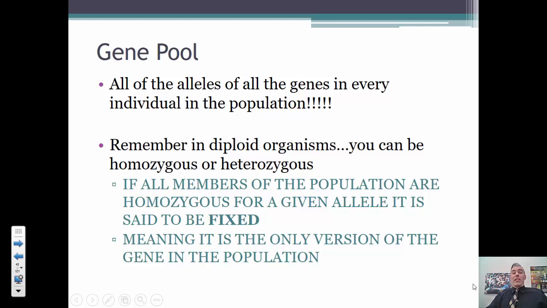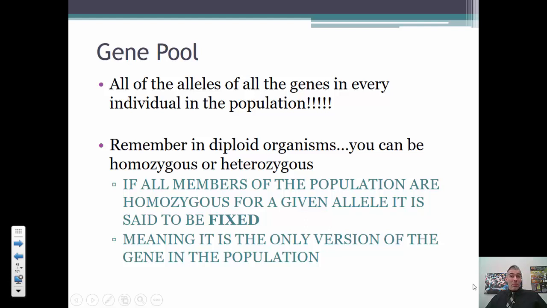Now that sounds crazy, but let's just pretend there's a population of 3 individuals, okay? One of them is big B, big B, one of them is big B, little b, heterozygous, and the other one is homozygous recessive, little b, little b. Well, then what we'll do is we'll look at the frequency of all the alleles total. So in 3 people, how many different alleles are there total? There are 6, okay? How many big B's are there?